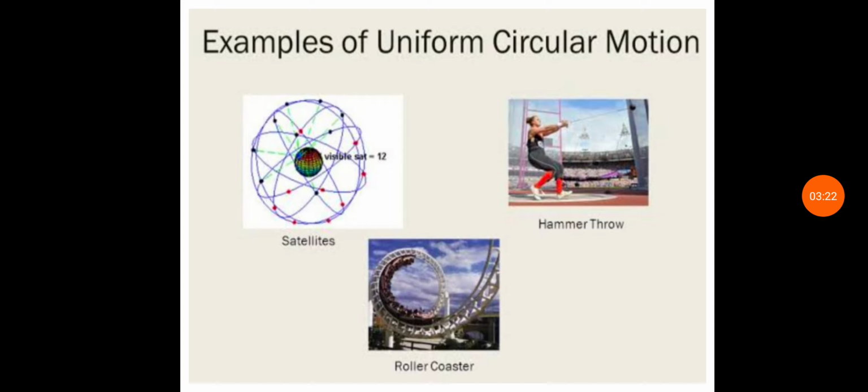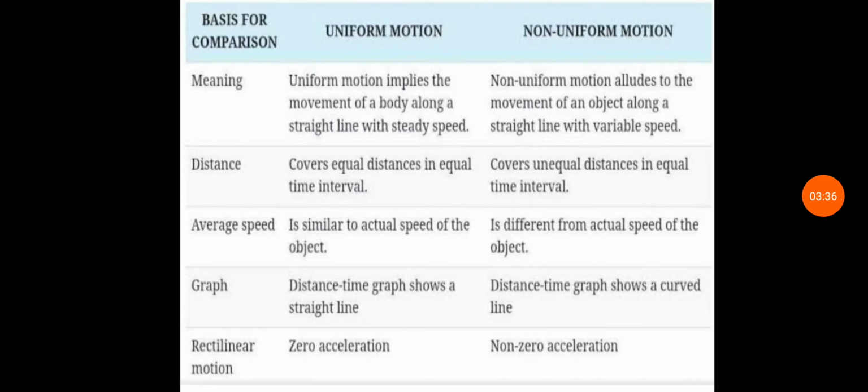Now, what is non-uniform circular motion? When there are variations in speed for an object moving in a circular path, we call it non-uniform circular motion. We can compare uniform and non-uniform motion on the basis of meaning, distance, average speed, graph, and rectilinear motion.